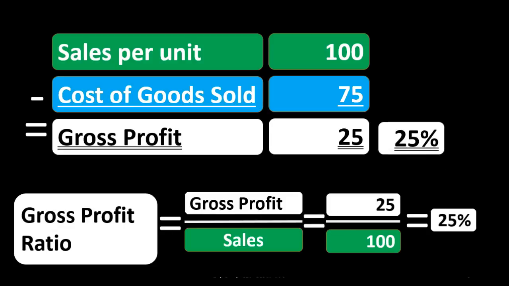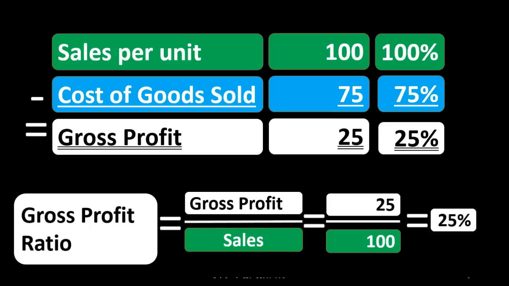That means that we have a gross profit percent here of 25%. If we say that the 100% of sales is of course 100%, that means that the cost of goods sold would have to be the 75%, or we could also calculate that as the 75 divided by the sales of 100 to give us that 0.75 or the 75%.